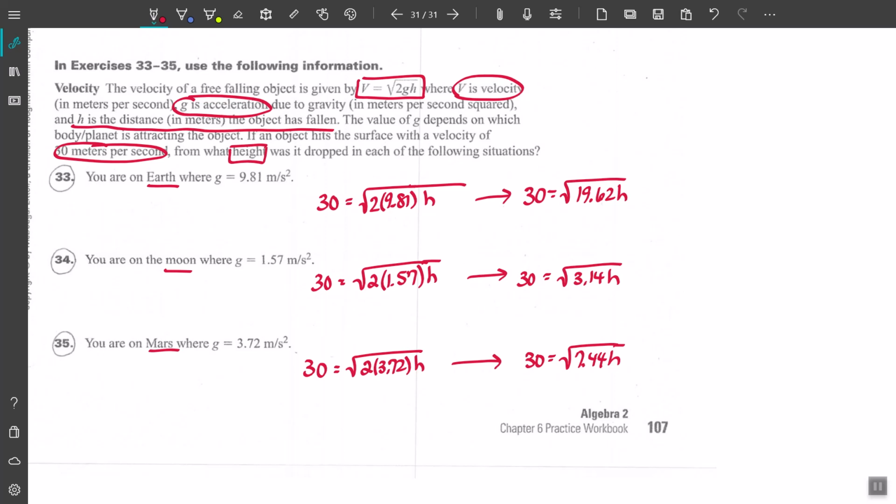All right, so now we've got a situation that looks very similar to all the problems we've been doing on this worksheet. We've got a radical that's isolated, so we're going to square both sides to get rid of it. Because remember, the whole idea here now is we're not solving for x, but we're solving for h. So we've got to get it out from under this radical symbol.